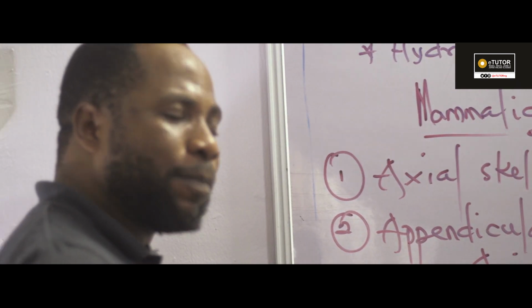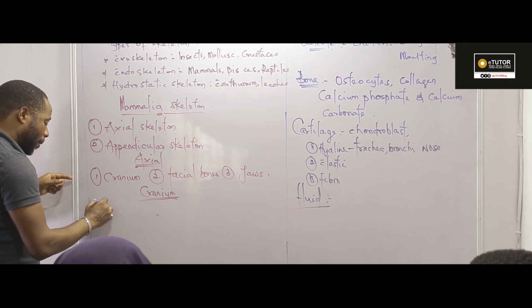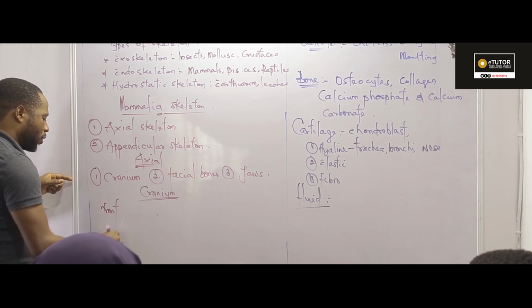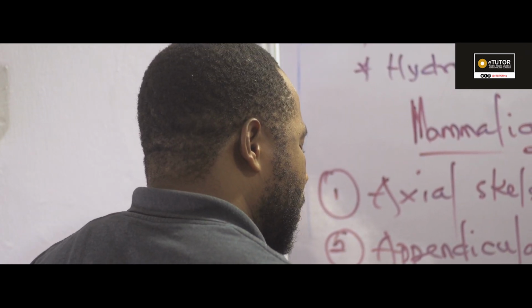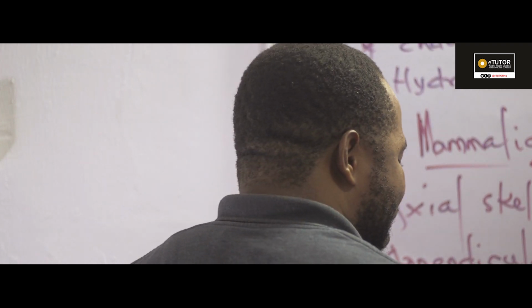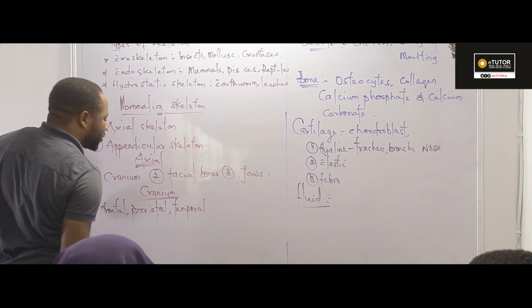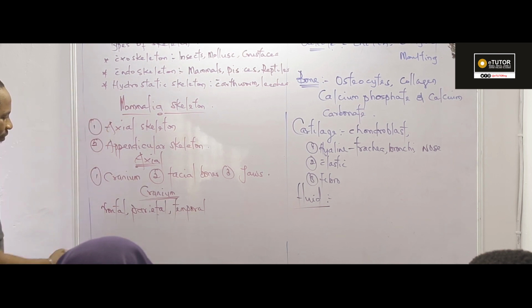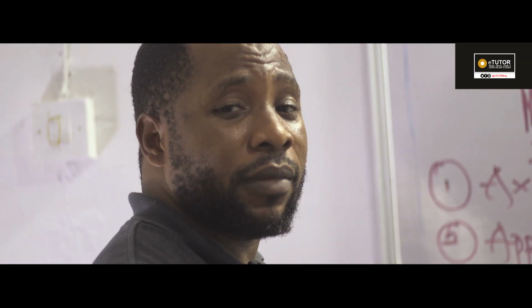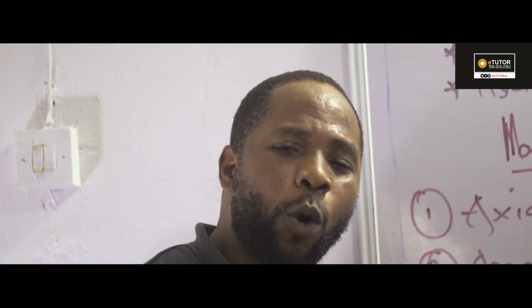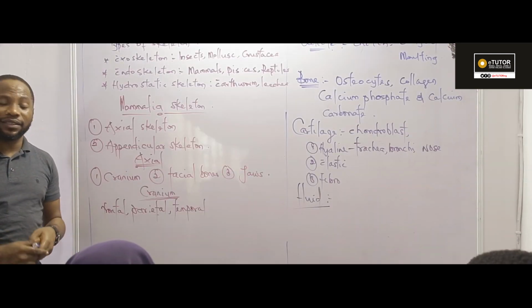They consist of flat bones like frontal, parietal, temporal. Then, the major function of the cranium is to help to protect one of the most delicate organs in the body called the brain.